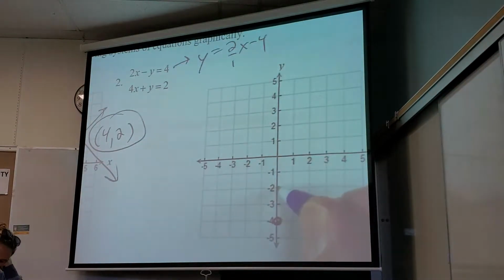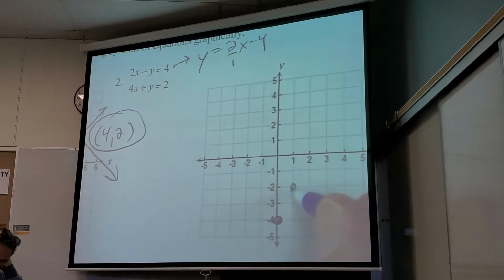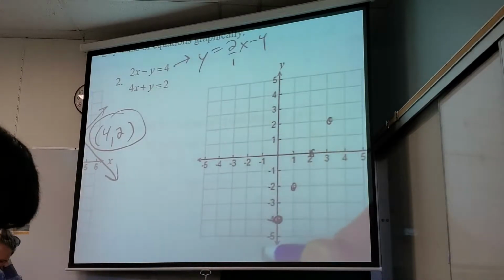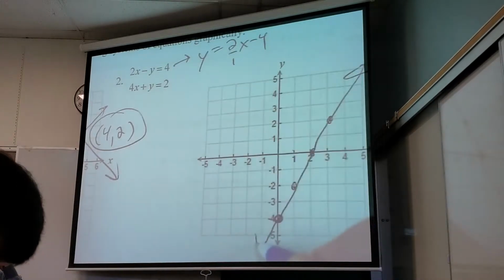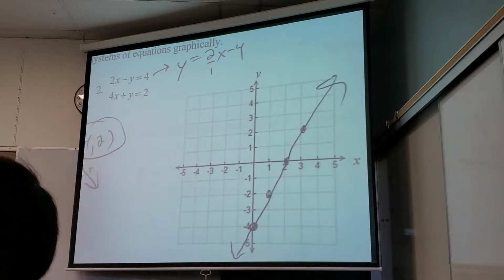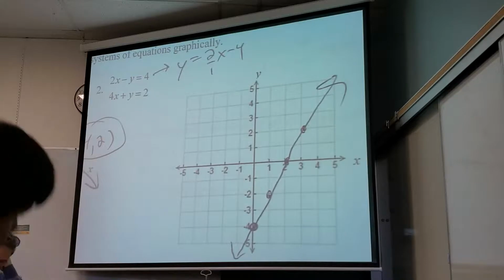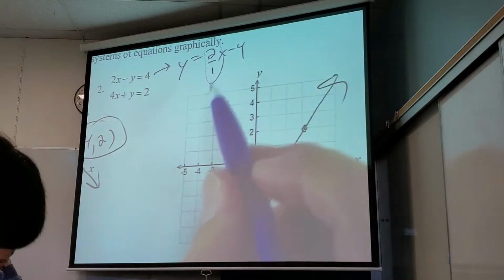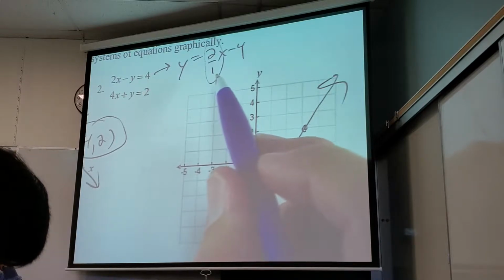And I would go up 2, over 1. Oh. So both the 2 and the 1 are positive. Right?